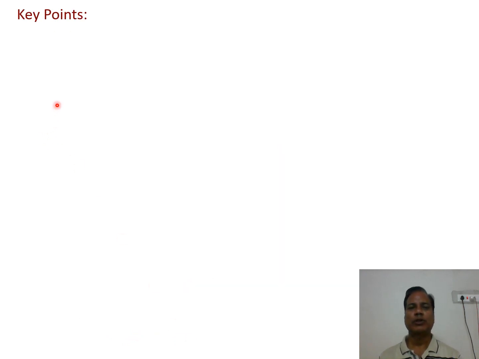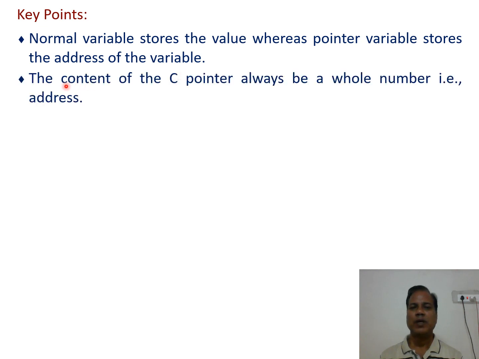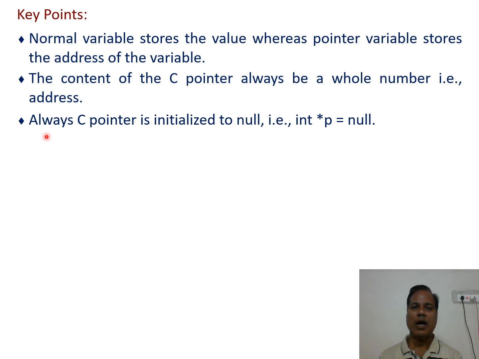Key points about the pointer variable. A normal variable stores the value, whereas a pointer variable stores the address of the variable. The content of a C pointer is always a whole number, that is, an address. A C pointer is always initialized to null, that is, int *p = NULL;.